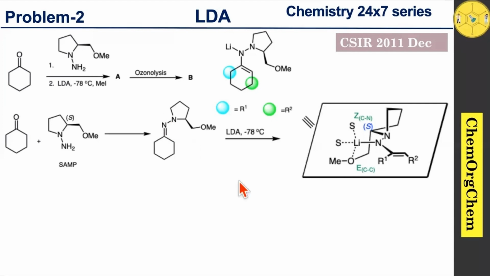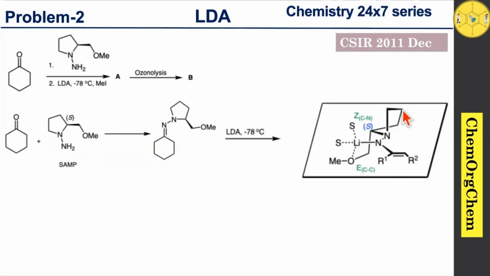Therefore, if you rotate like this, you will get this conformation. However, the configuration of this center is not changed. Now you see this CH2OMe group, this methoxy group, coordinates with lithium, and simultaneously two solvent molecules also coordinate with lithium. So this whole form is present in the plane of the slide.